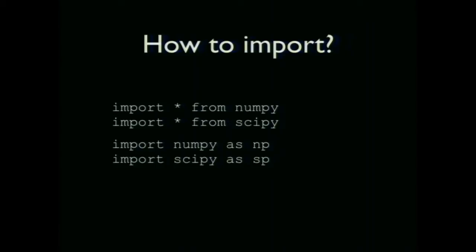So if you want more control over namespaces, you can do import numpy as np, import scipy as sp. Then you have to put np. or sp. in front of everything. SciPy already includes most of NumPy, so you can get away with just doing import star from SciPy, and that'll get you most of the way.